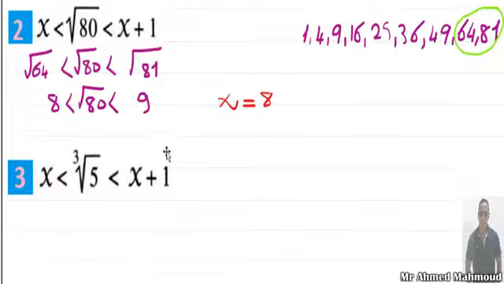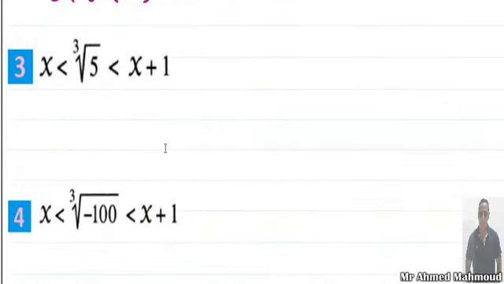The next one, cubic root 5. Here I'm going to search in the perfect cubes. The perfect cubes are 1, 8, 27, and so on. Here we have root 5 included between 1 and 8.